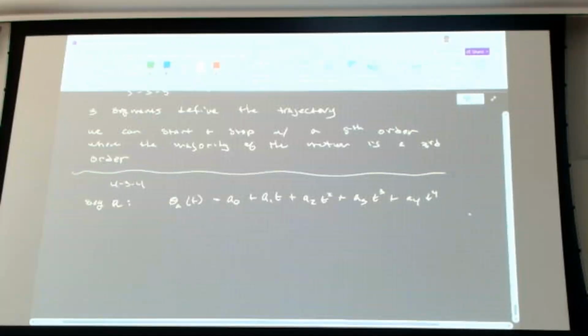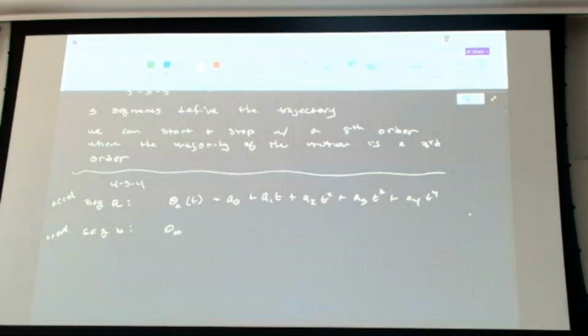Right, and then this could be, say, the acceleration phase, and then my travel phase could be segment B or segment 2, where theta B is nothing more than B naught plus B1 t plus B2 t squared.